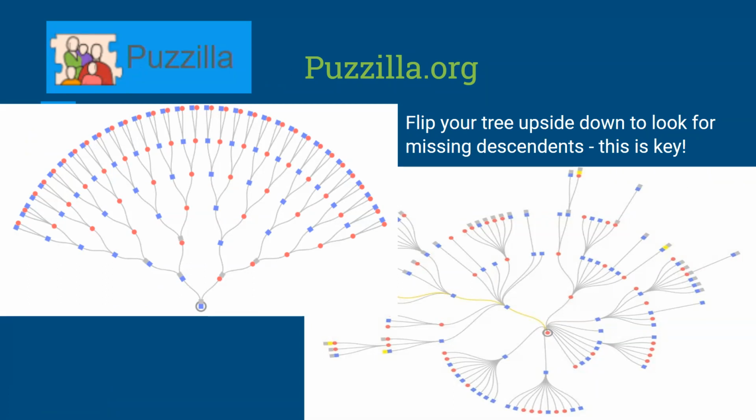This allows you to flip your tree upside down to look for missing descendants. You're probably familiar with the view on the left, a fan chart look. The blue squares are males, the red circles are females, and that's your tree. Anything that's gray means they're still living. Then you go out to your great-great-great-grandfather and look at his sibling and flip him upside down.